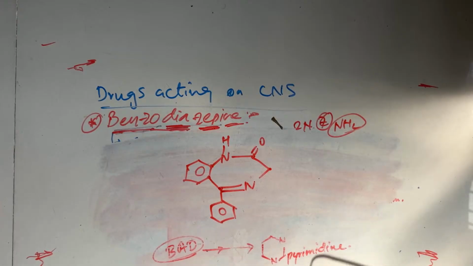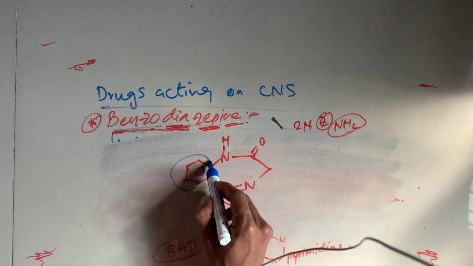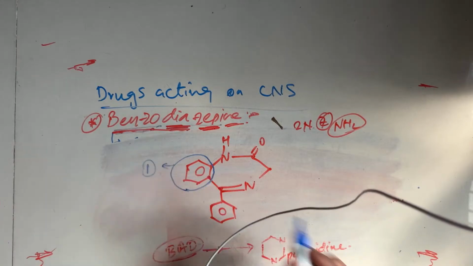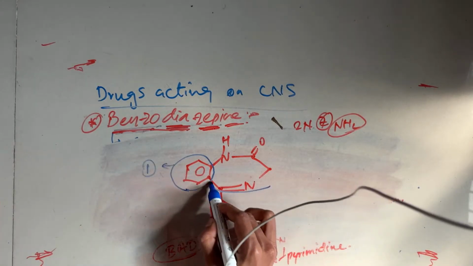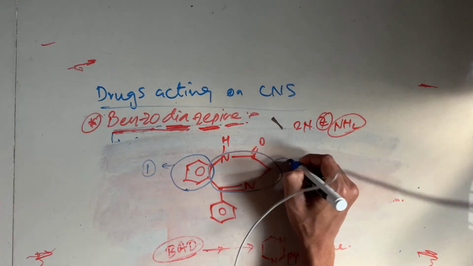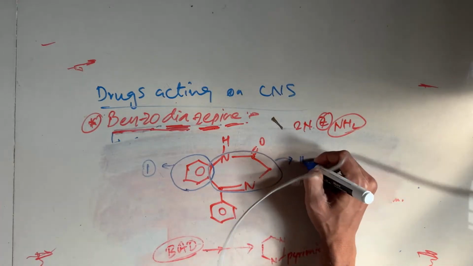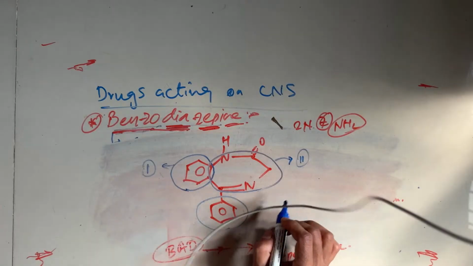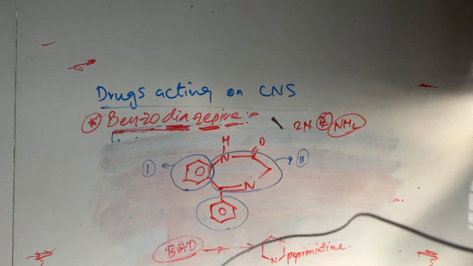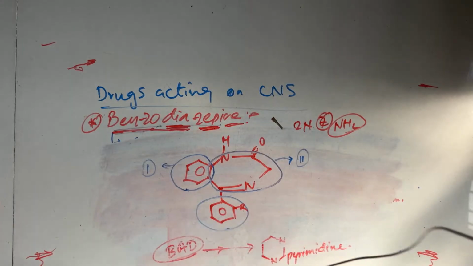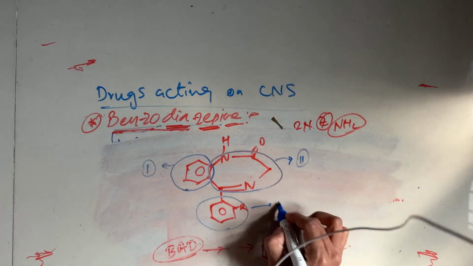Now in that benzodiazepine, you will get how many fragments? The benzene part is the first fragment. This is called fragment 1. That diazepine is the second fragment, and that benzene ring or any aromatic group, that is fragment 3.